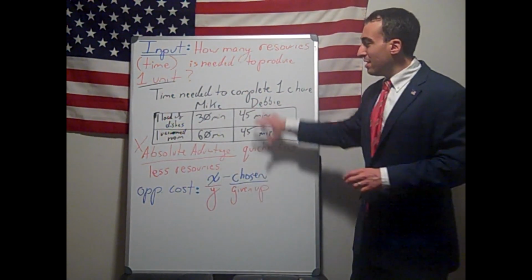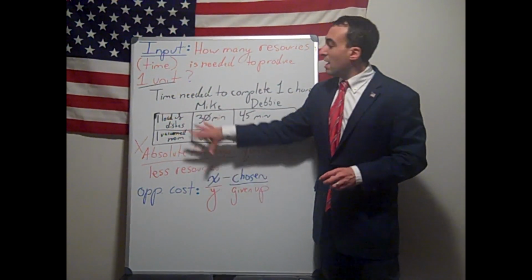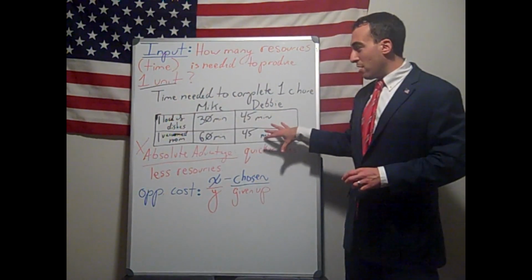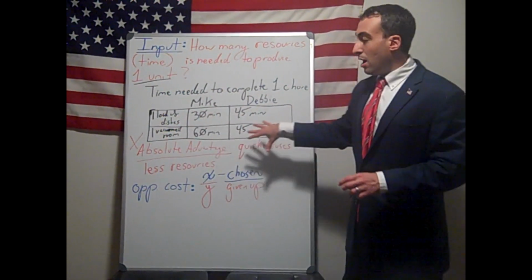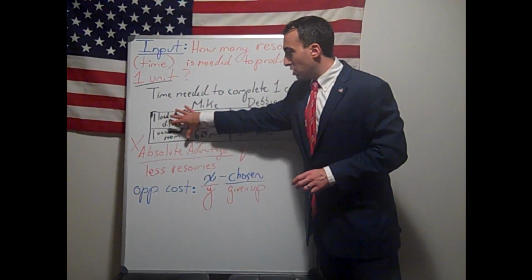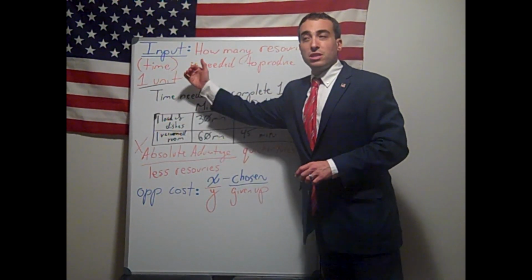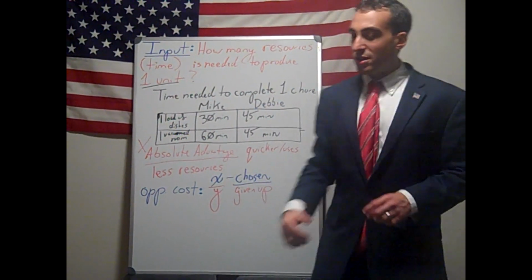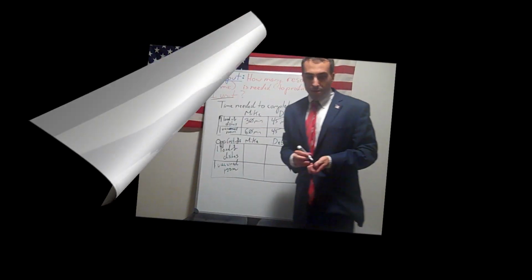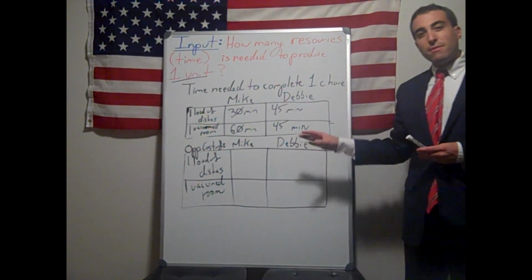So let's take a moment, everyone, let's play along at home and make the exact same chart, but instead of this chart, we're going to add the opportunity cost of one dish. So let's take a look at our new chart. So now we have our new chart.